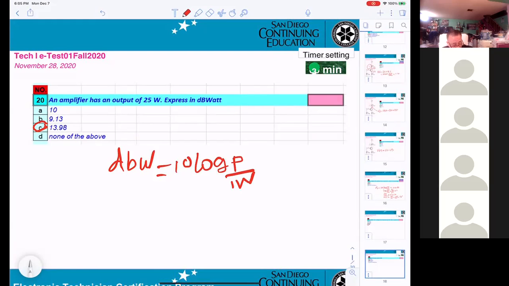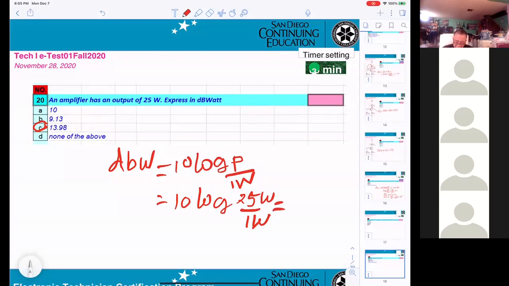And then you substitute it, and you get 10 log of P, which means 25 watts, divided by 1 watt.